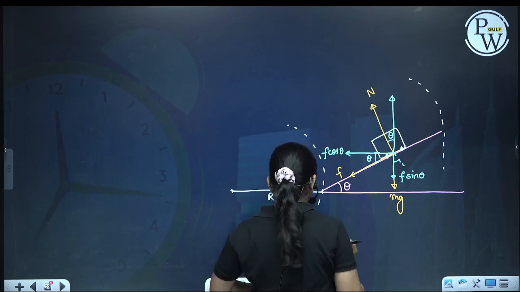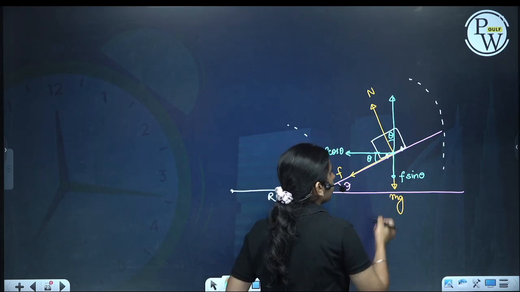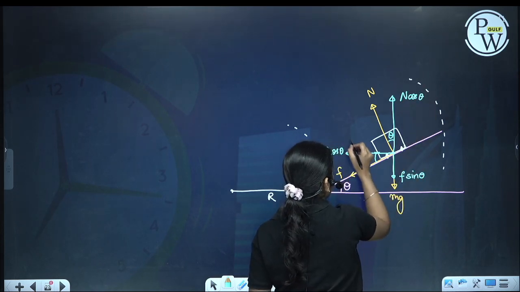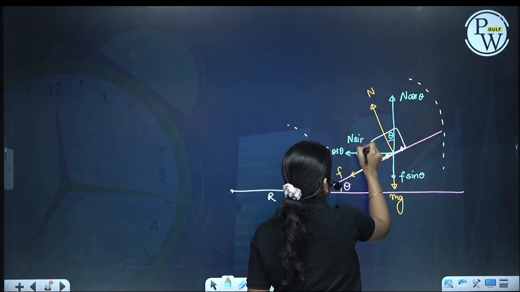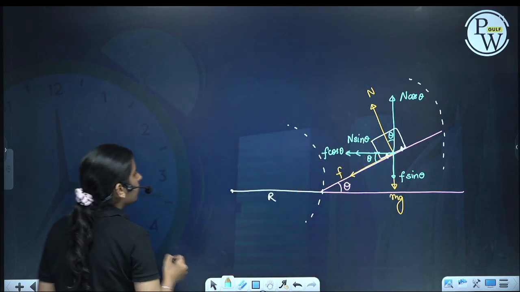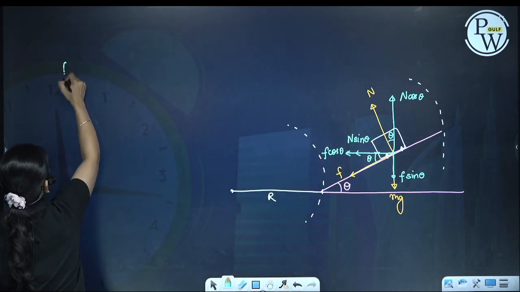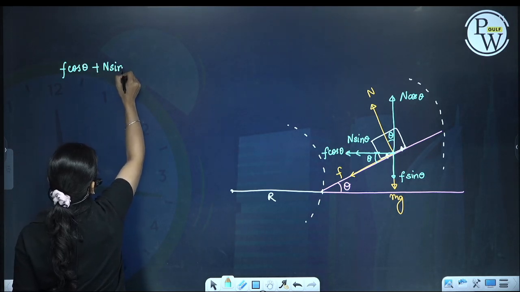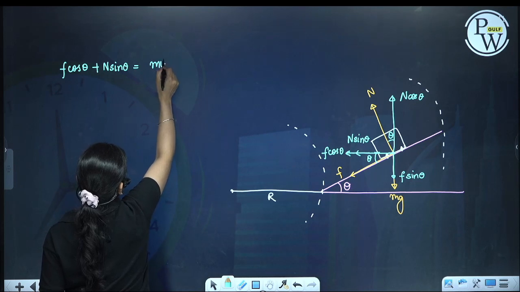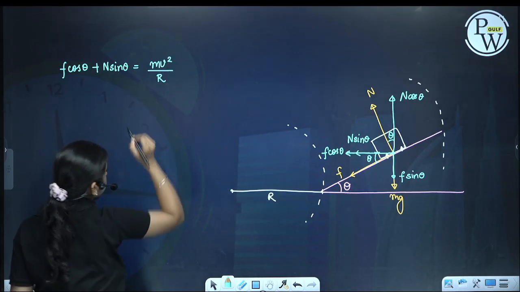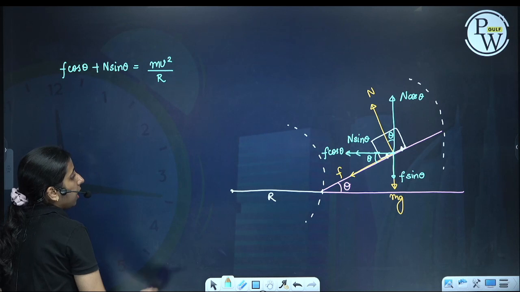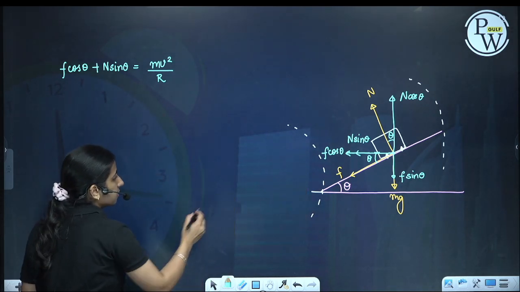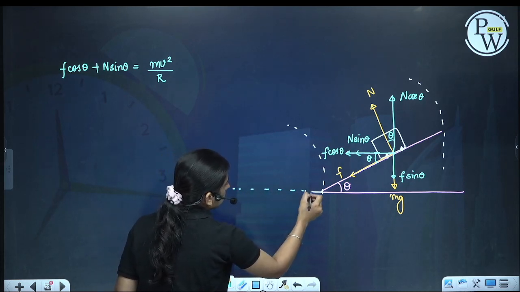So the component here will be n cos theta and here will be n sin theta. Now f cos theta plus n sin theta provide us the necessary centripetal force, so they will be equal to mv square by r, where r is the radius of this circular turn.